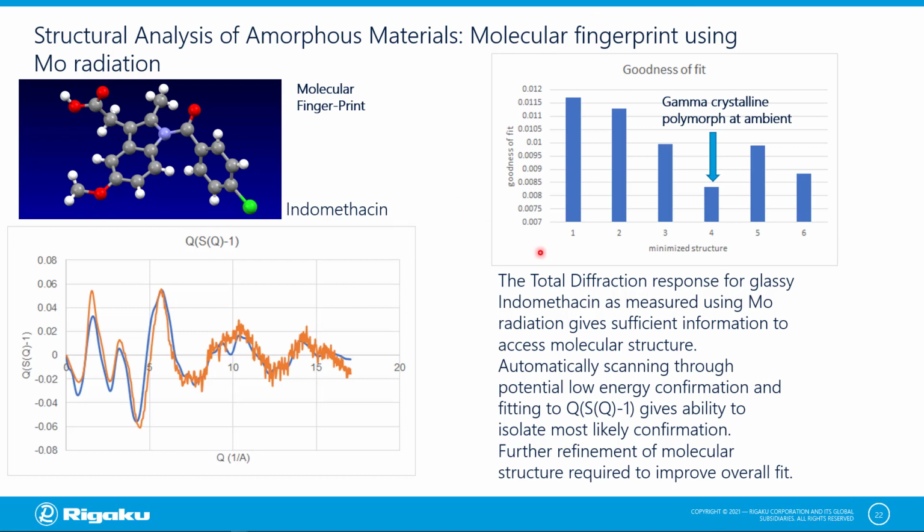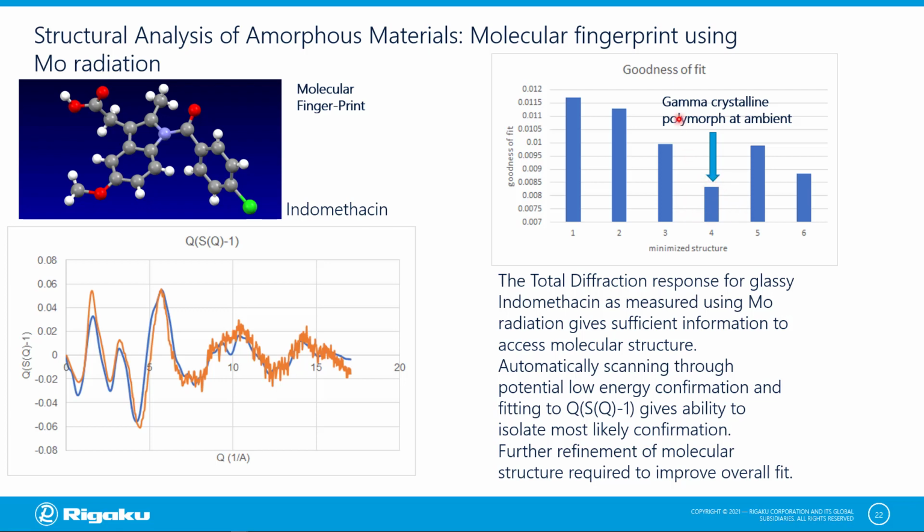This figure over here on the right-hand side summarizes the various goodness of fit results, taking each of these indomethacin molecular conformations and sequentially passing them through the histogram model and then fitting them to the measured PDF. And we can clearly see that there's one molecular conformation that definitely has a much lower goodness of fit, or much better goodness of fit, I must say.